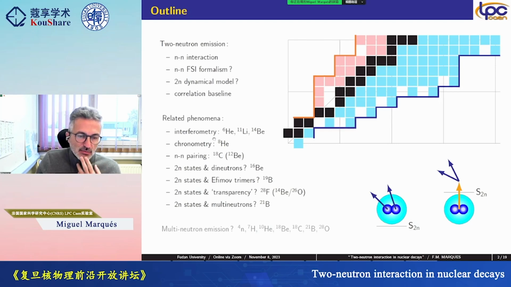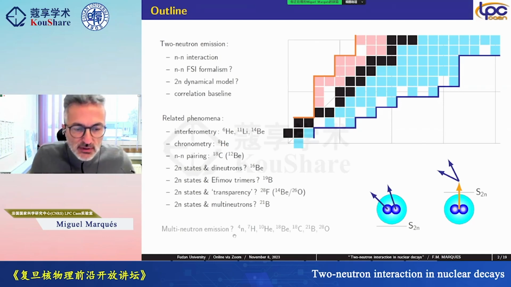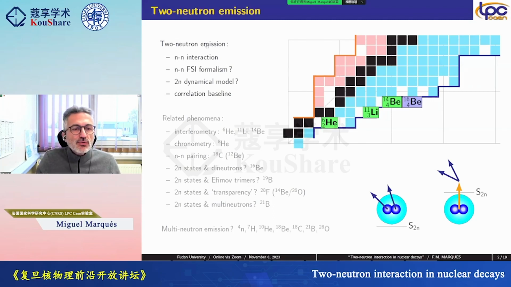We will see if we have time to go through all of them, or if not, I will just maybe skip the last one. And also, of course, there is the problematics of multineutron emission, but this we covered a bit in the first talk that I gave. So today I will concentrate on the two-neutron case. For this, I will use some examples that we measured at GANIL of helium-6, lithium-11, beryllium-14.